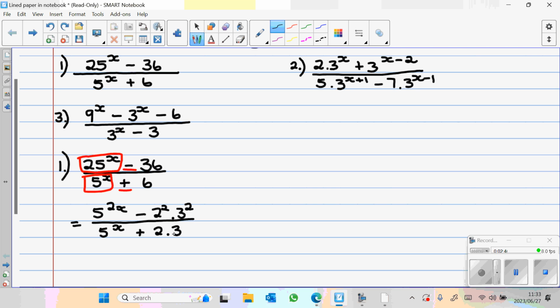Now this means that because it's a difference in squares, you will have 2 brackets at the top. One bracket will be plus, the other bracket will be minus.